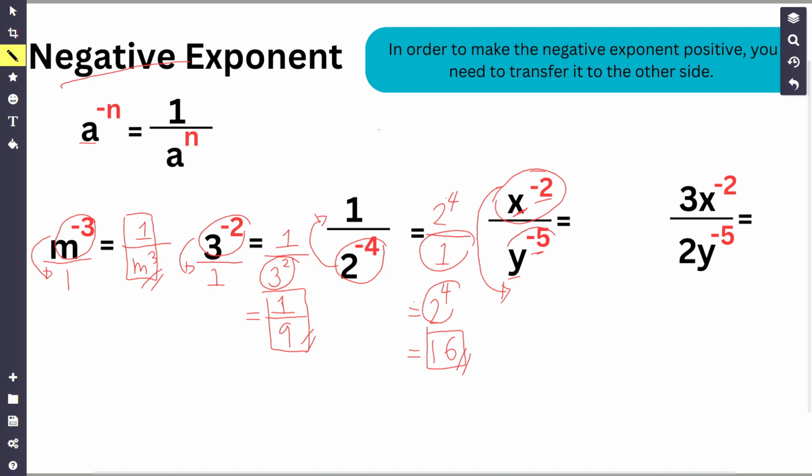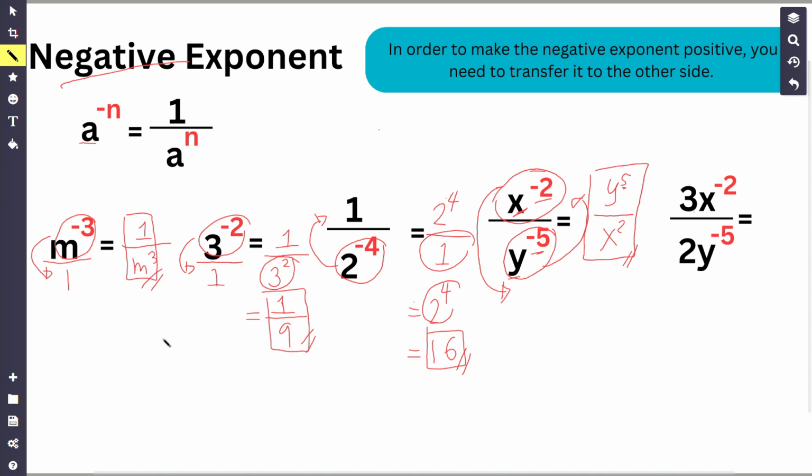And if the term with the negative exponent is in the denominator, bring it to the numerator so that the exponent will become positive. Now this will become y raised to 5, please take note this became positive already, over x raised to 2. And that's our answer here.